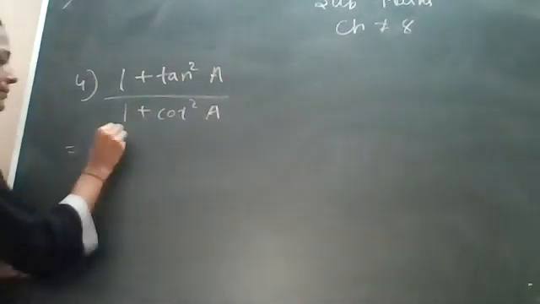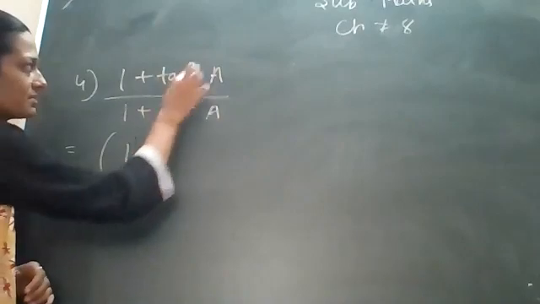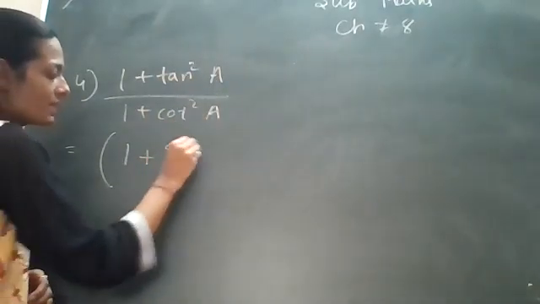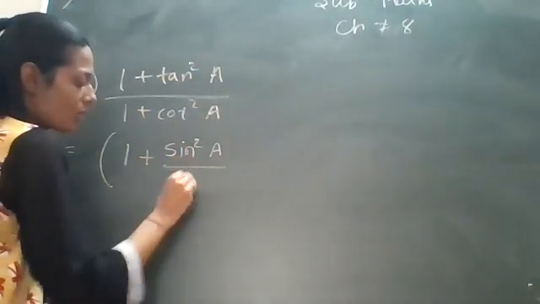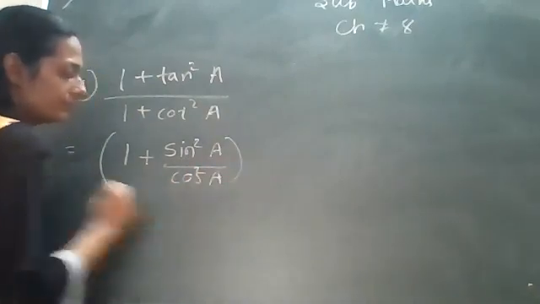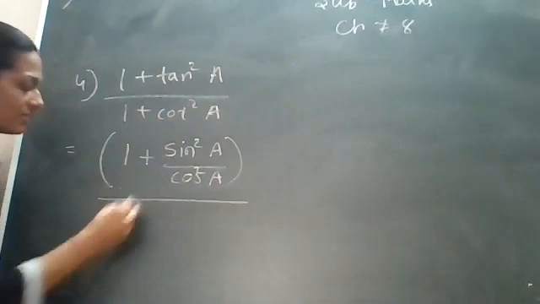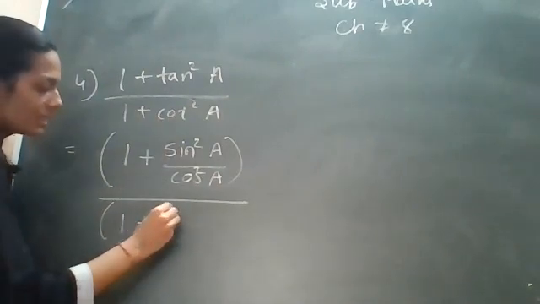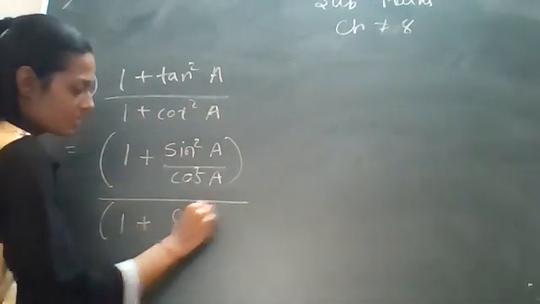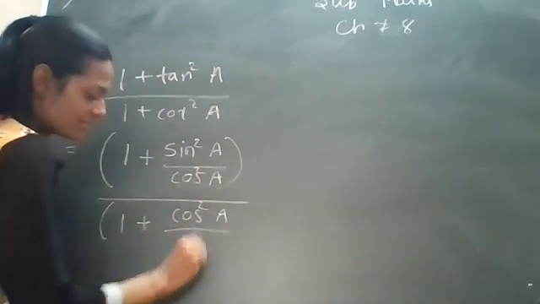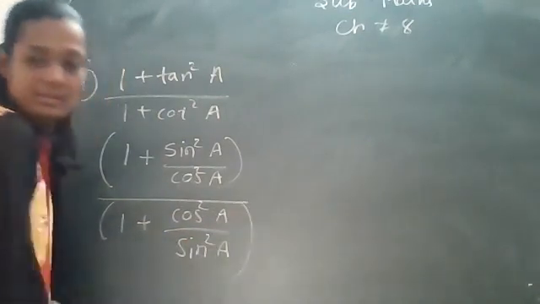So here we are doing the same. 1 plus tan square A becomes 1 plus sin square A upon cos square A, divided by 1 plus cot square, which is 1 plus cos square A upon sin square A.